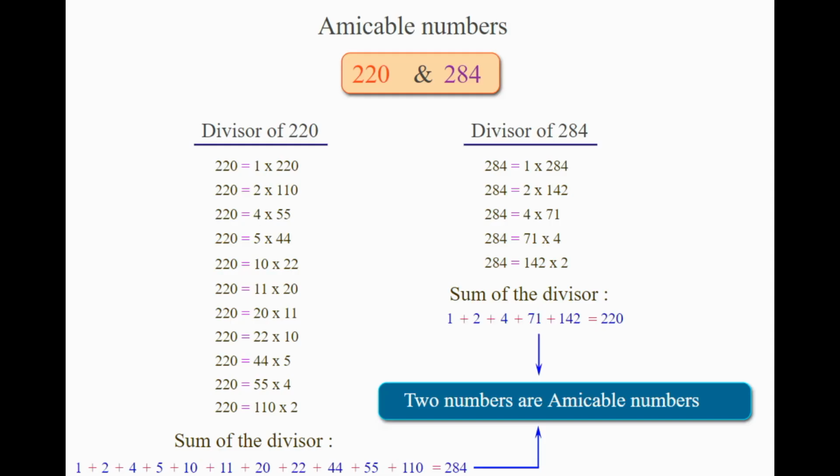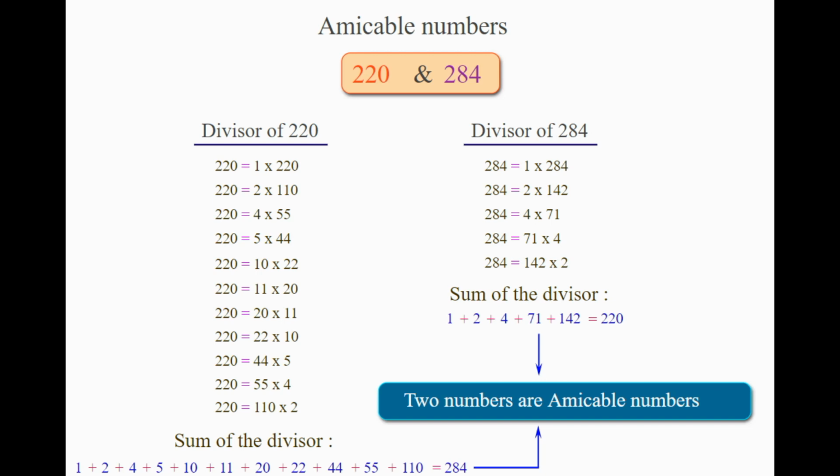Here we have 220 and 284. You can see 220 into 1 is 220, 110 into 2 equals 220, 55 into 4 equals 220, 44 into 5 equals 220, 22 into 10 equals 220, 20 into 11 equals 220, and there are other factors which when multiplied give 220.